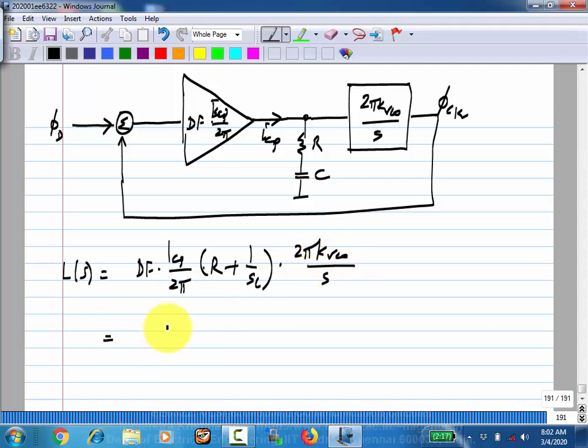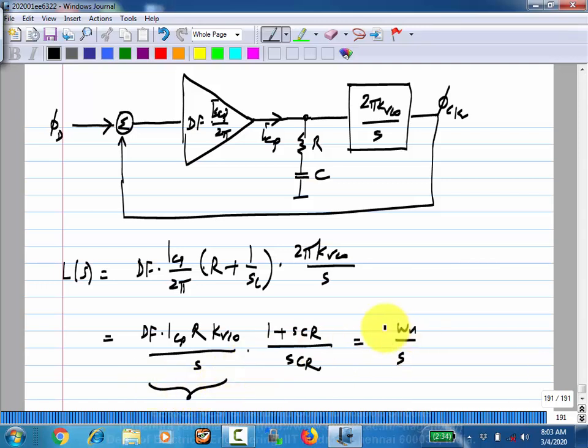This could be written in a convenient form. The first one is the integrator response, which gives you a unity gain frequency of omega u, and the second part is the 0.